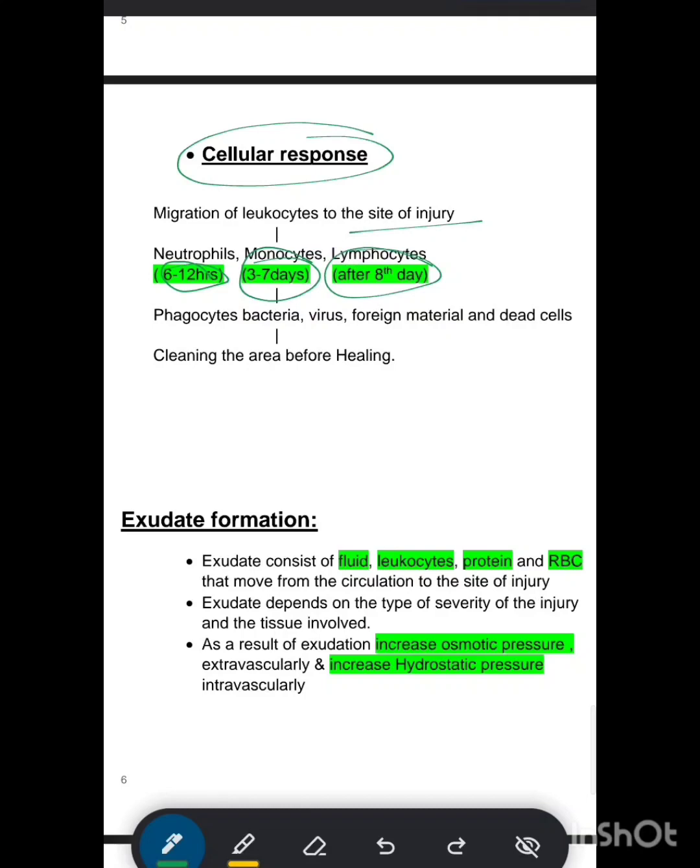What are the functions of these cells? These are phagocytic cells, which engulf bacteria, viruses, foreign bodies, and dead cells by phagocytosis, and clean the area before healing.